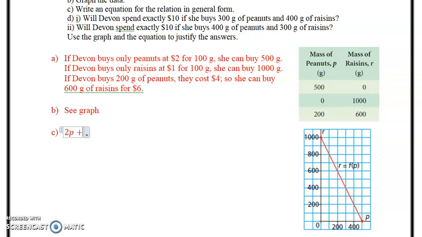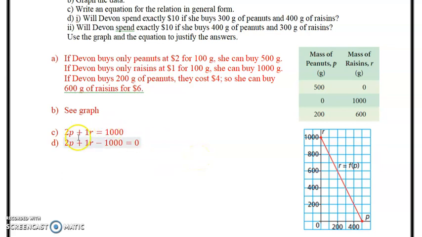And then we're going to add 1 times R for the cost per raisins, and that's going to equal $10, right? Or sorry, equal 1,000 grams because it's the mass. Okay, that's one equation. So we can use that to graph the information now because it wants it in that standard form. If we want to put it in general form, we just subtract 1,000, set the right hand side equal to 0, and there we are.